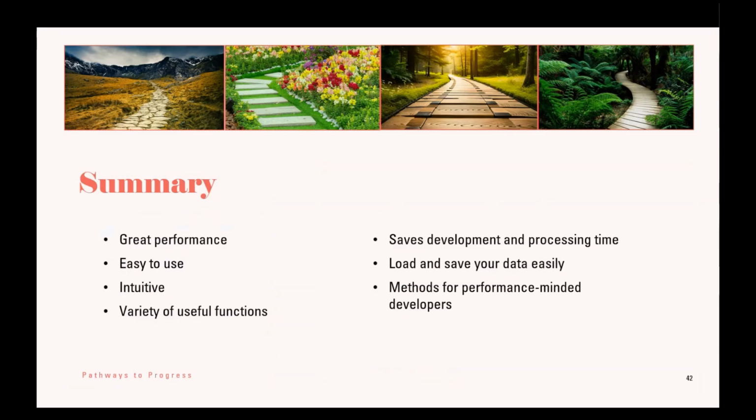All right. So to summarize everything that I've gone over today, it was quite a bit. The new JSON object introduced in PxPlus 2025 is a high-performant and easy-to-use object that lets you intuitively work with your JSON data. It comes with a variety of functions that let you focus more on the higher-level development, saving you development time.